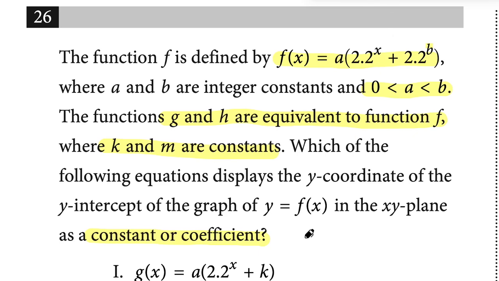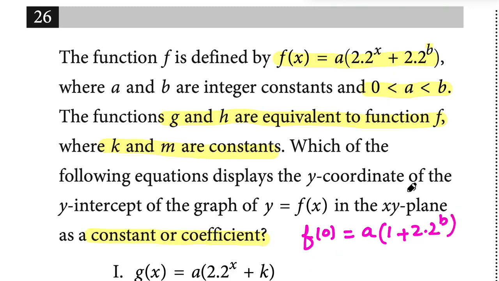So we will write the y-intercept of all the three functions f(x), g(x), and h(x). In case of f(x), f(0), because at the y-intercept x is equal to 0, a(2.2)^0 + (2.2)^b. Any number raised to power 0 is 1, so a + (2.2)^b.